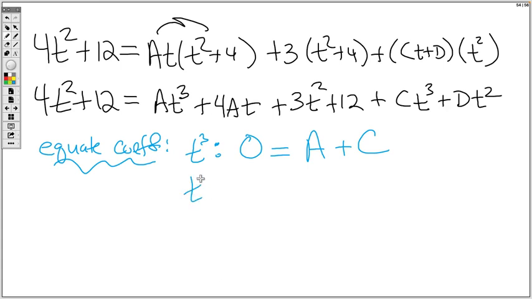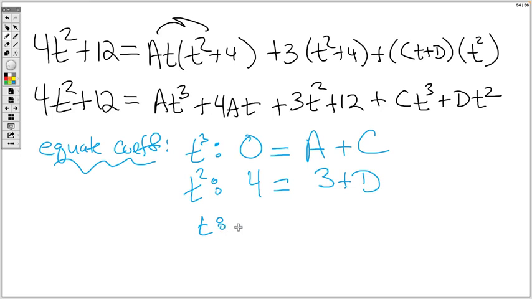T squareds. How many t squareds on the left-hand side? 4. On the right-hand side, how many t squareds are there? 3 plus D. Let's look for t's.